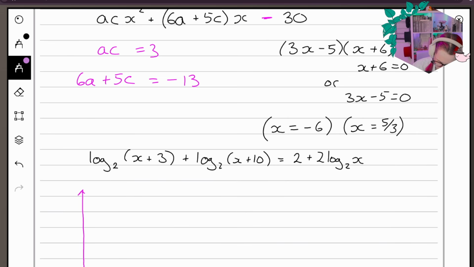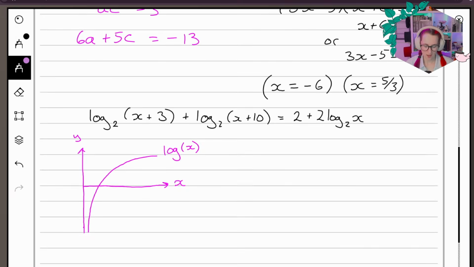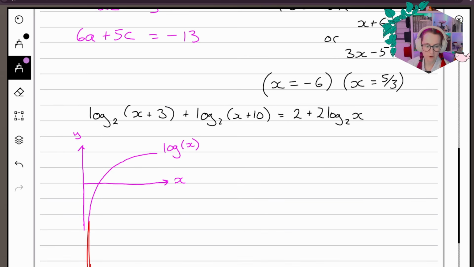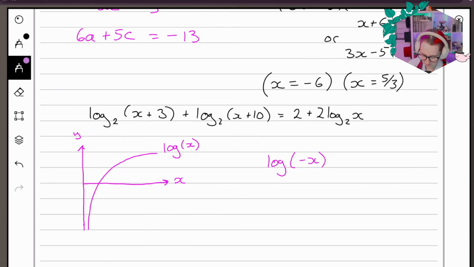So a logarithm is a function that looks like this. And it gets really, really close to 0, but the log can never take in a negative value. So log of minus x is just not possible.